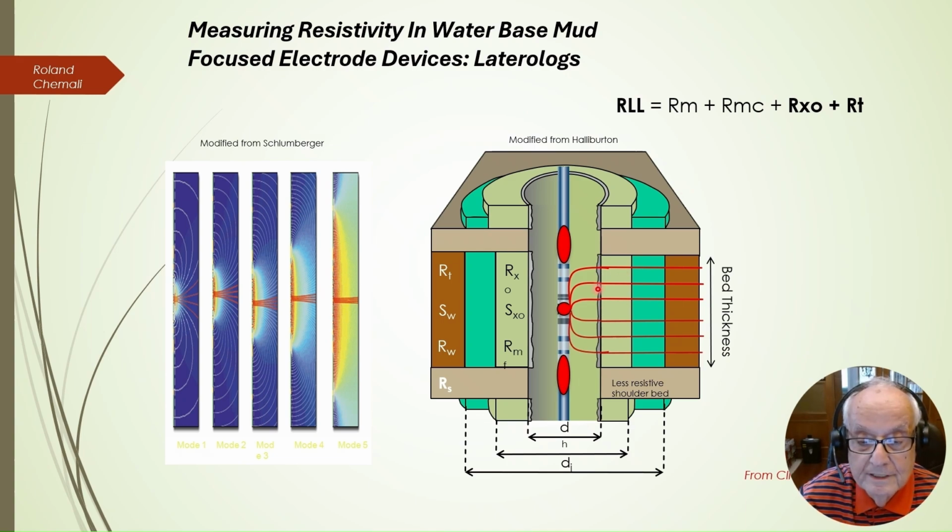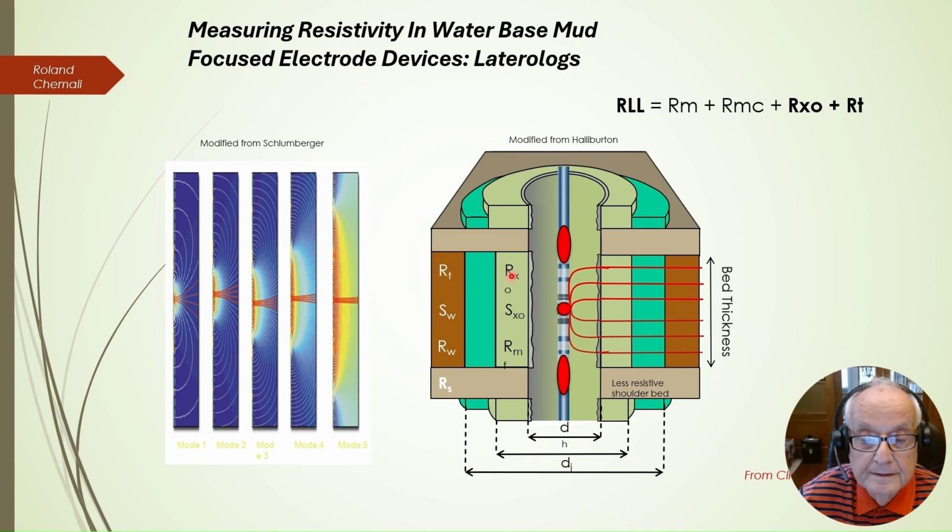I stole this from my friend Clive Johnson. This is a model for the lateral log. You have a sonde in the middle of the borehole. You have a survey current and focusing electrodes. The focusing electrodes are here to make the measurement as sensitive as possible to Rt. Remember, we are after Rt.